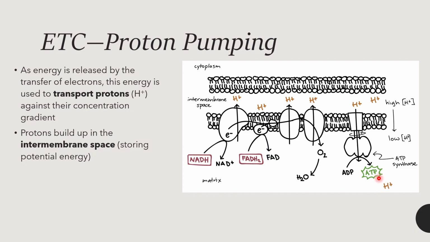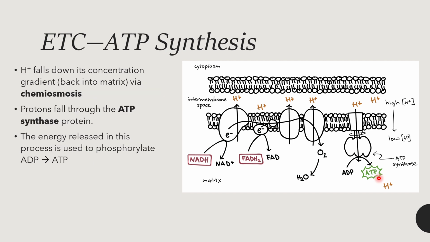So at this point, we have taken our protons, we've let them fall back down the concentration gradient through the ATP synthase, and the energy released as the protons fall back into the matrix is going to be used to phosphorylate ADP and make our ATP. This is where we make the brunt of our ATP. We transfer the chemical energy stored in the electron of NADH into these electron carriers.